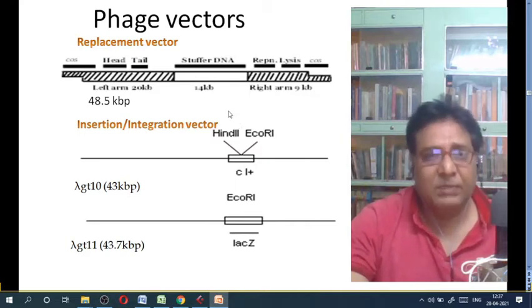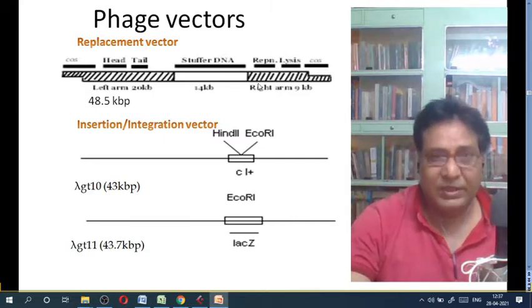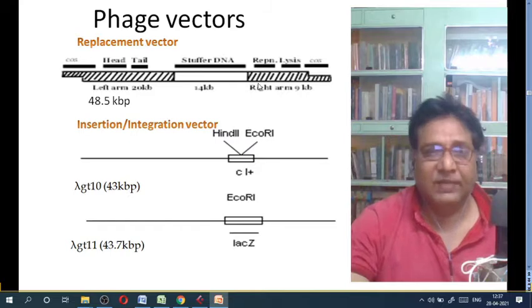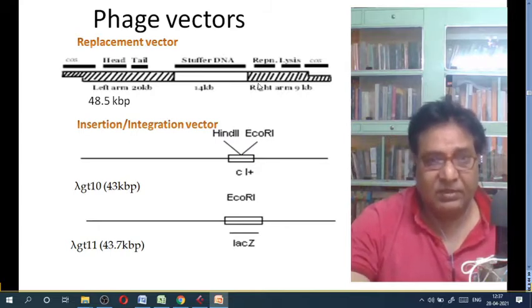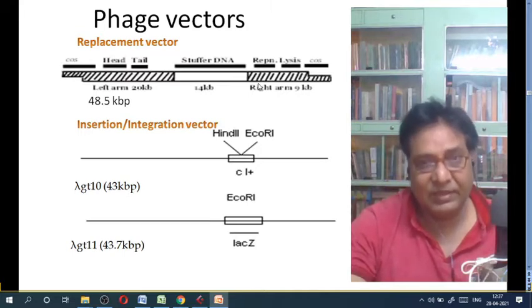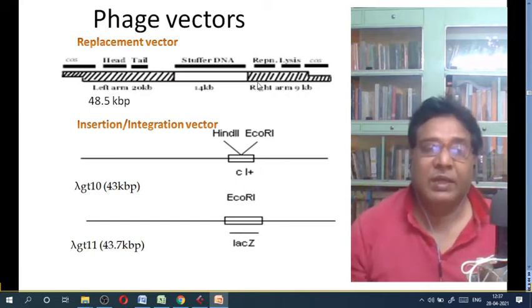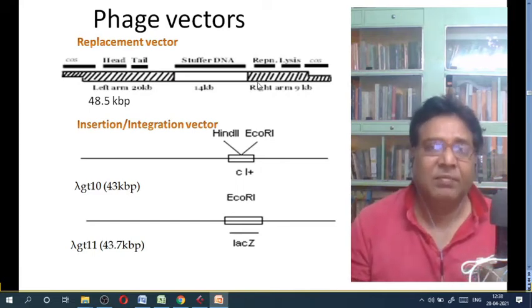But there is no problem, because the genes that are present in this region are basically required for lysogeny, for recombination of the lambda phage within the host chromosome. So that is not desirable as far as the vector is concerned. For a successful vector, it has to be lytic, so that you can produce plaques, plaque forming units.